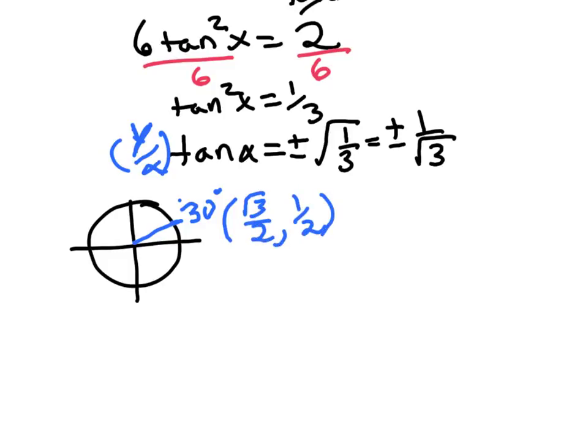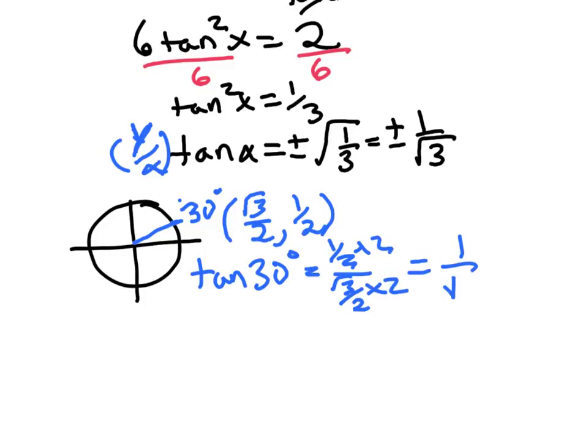So the value of tangent of 30 degrees is sine, which is 1/2, over cosine, which is the square root of 3 over 2. Now if I multiply top and bottom of that complex fraction by 2, I get 1 over the square root of 3. So 30 degrees is one solution.